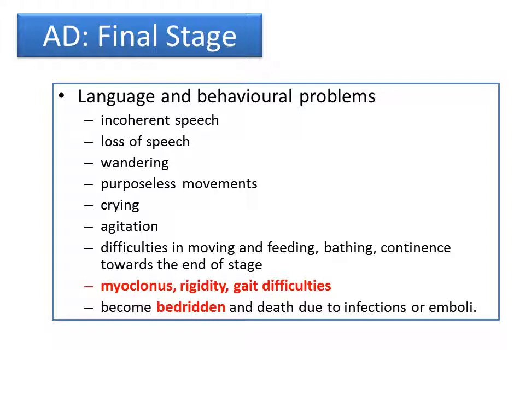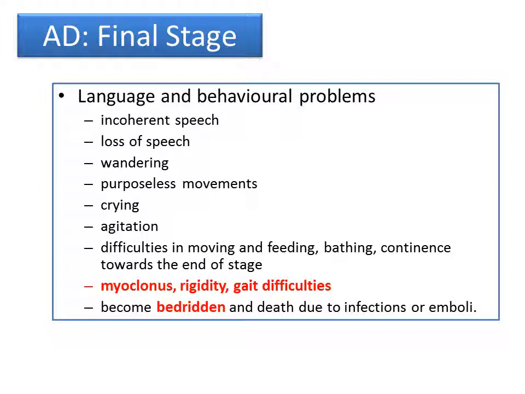The final stage includes language and behavior problems, where the speech is incoherent or may be lost, with wandering, purposeless movement, crying, agitation, and difficulties in moving, feeding, bathing, and continence. Toward the end stage of the disease, there are myoclonus, rigidity, and gait difficulties.